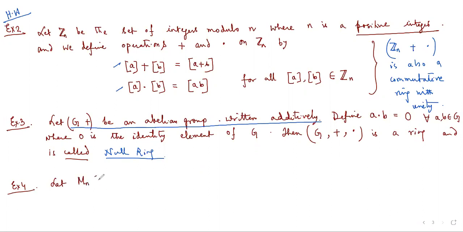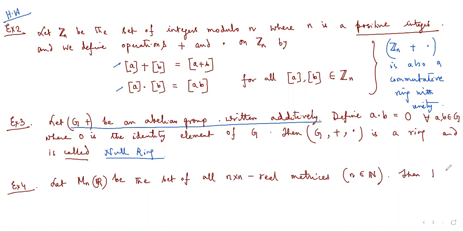Let M_n(R) be the set of all n by n real matrices where n belongs to capital N. Then M_n(R) is closed under usual addition and multiplication of matrices. Why?